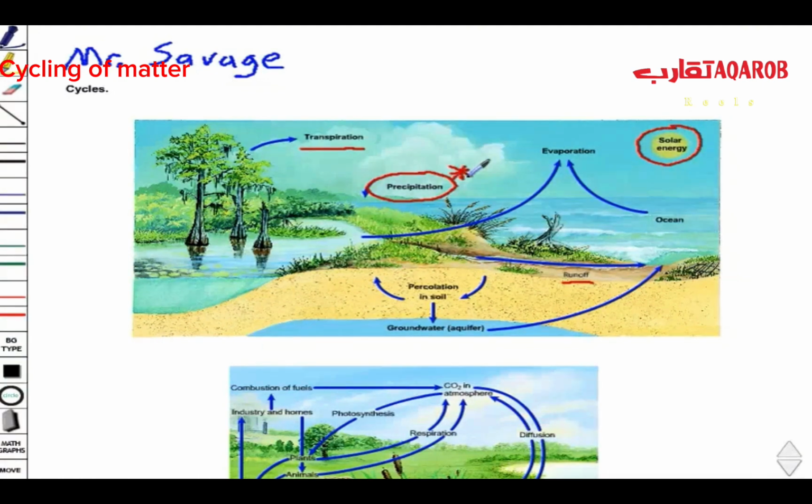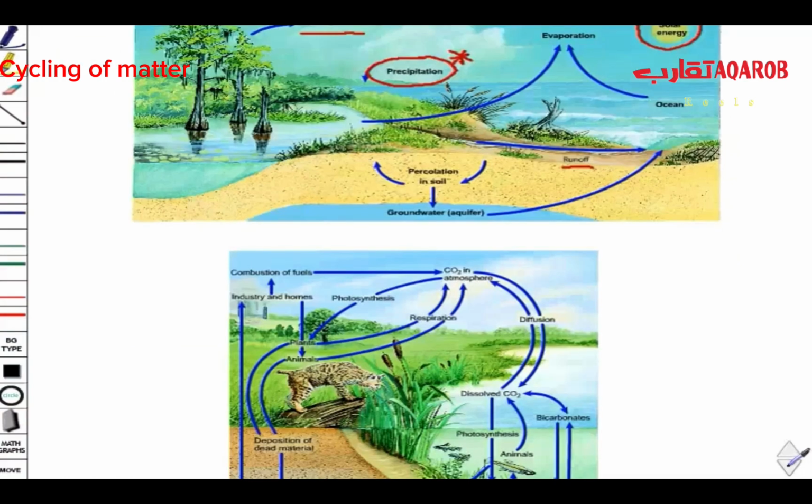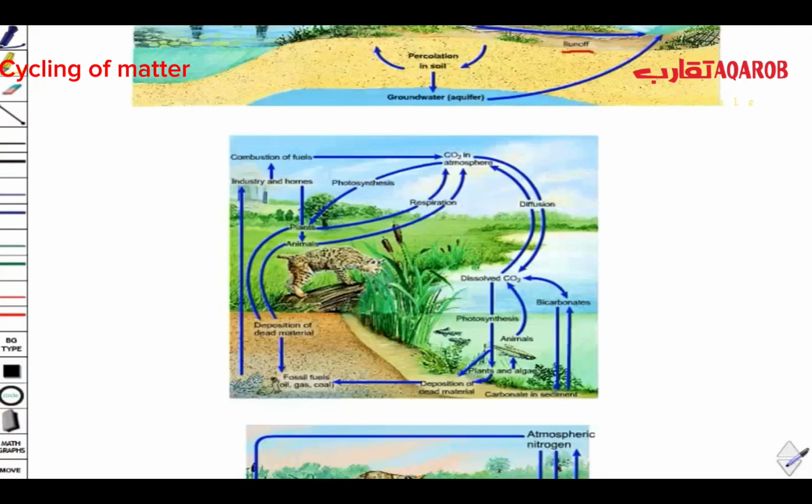In our second cycle, a more difficult cycle to understand, the carbon cycle. Carbon can be trapped in the system in many different places. For example, you'll find carbon in the plants and the animals. You'll find it trapped in fossil fuels, the remnants of once living things. Also in sediments and in the ocean.